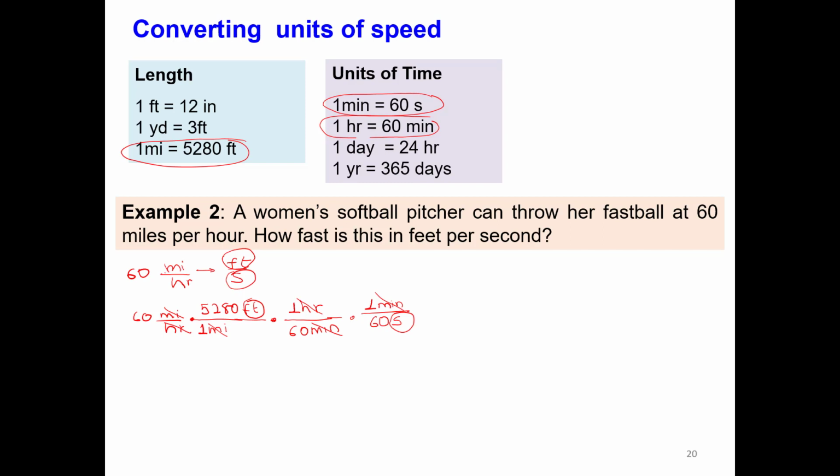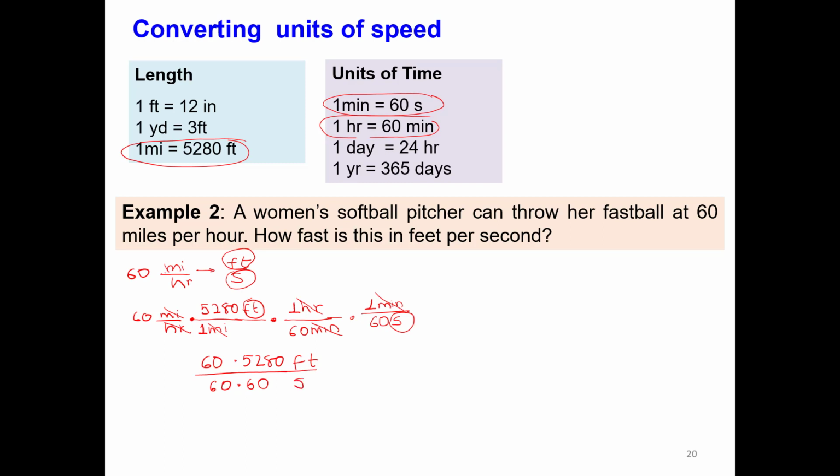Let's now multiply the numbers together. We had 60 times 5,280, and feet on top. Here we had 60 times 60, and seconds in the denominator.